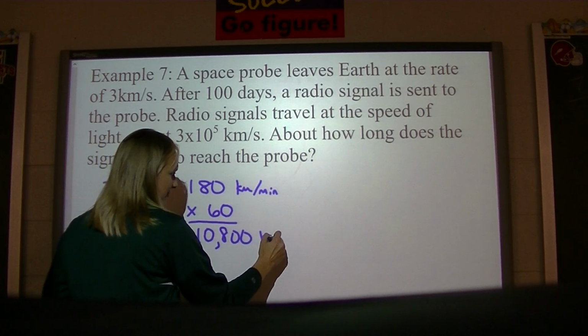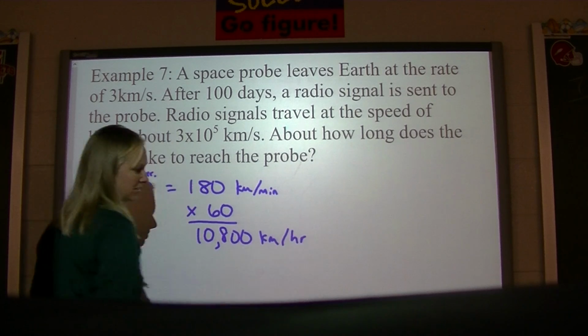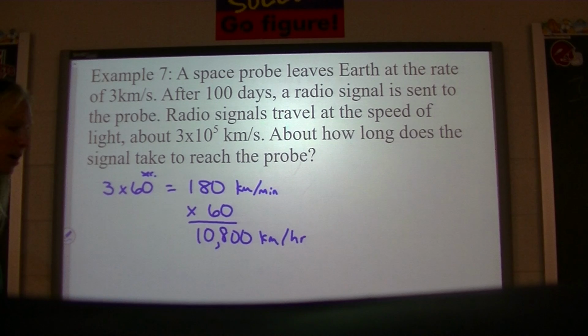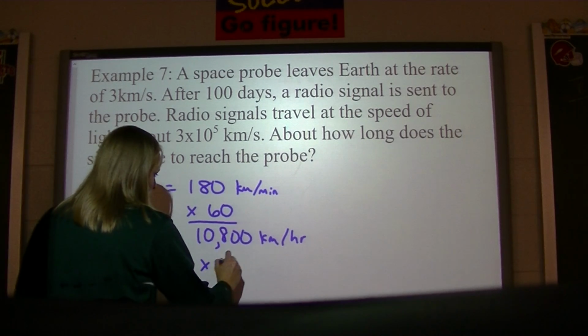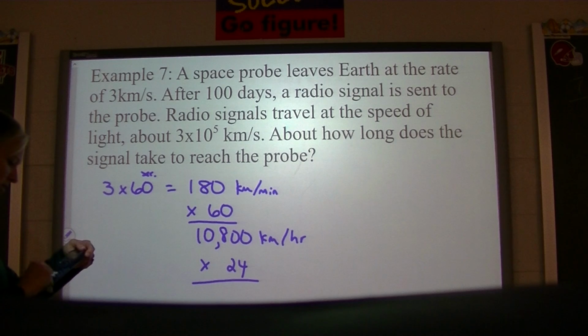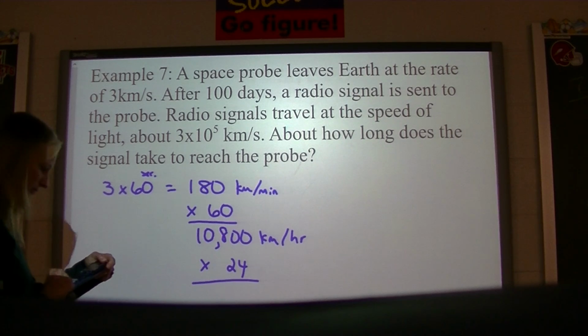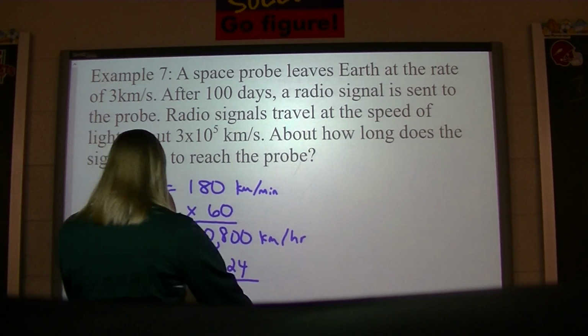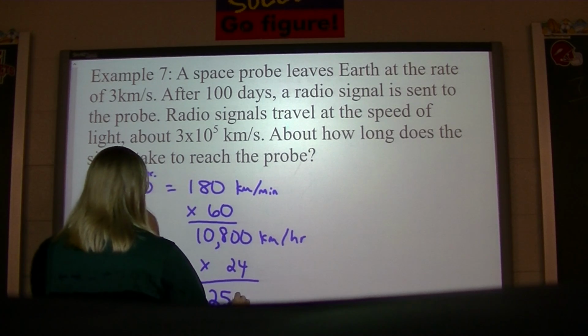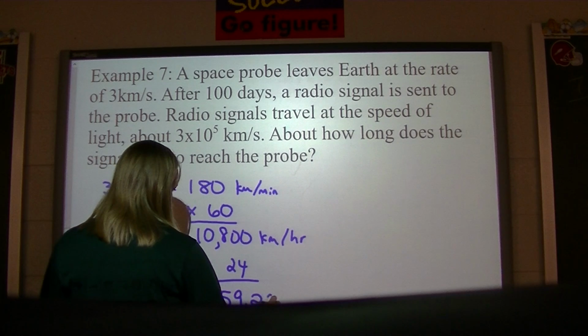Great. Now I'm at kilometers per hour. Still doesn't do me any good. Still need to get to days. Well, how many hours are in a day? 24. So I have to do 10,800 by 24. And I get 259,200.